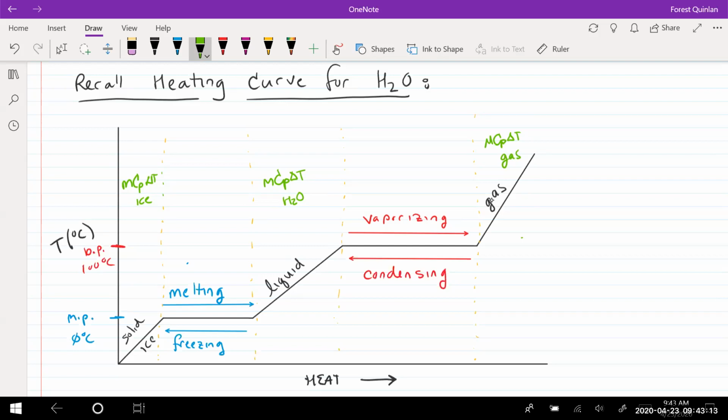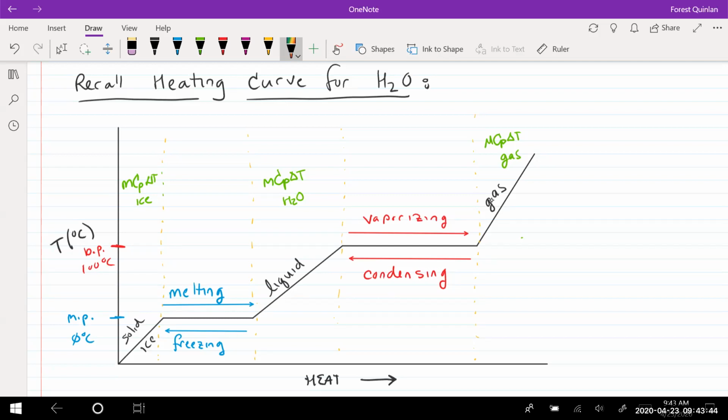Now, if you take a look at this, that means that the heat that you have right here for heating up a solid or heating up a liquid or heating up a gas, there's a problem if we try to figure out what is the heat that's going on right here when we're melting or freezing or vaporizing and condensing. How do we calculate that? If we were to use our MC delta T, we have a problem.